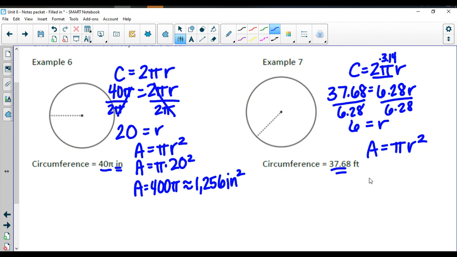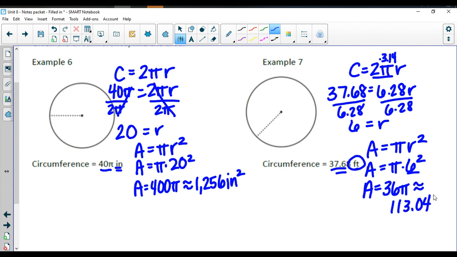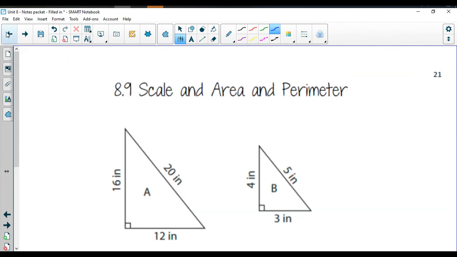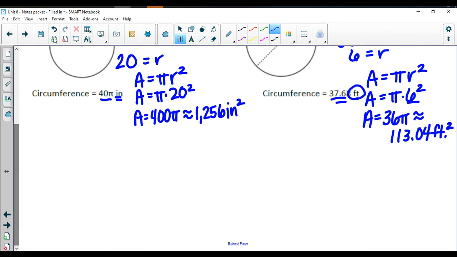Pi r squared is my formula, and the radius is 6. So leaving this in terms of pi, 6 squared is 36 pi. And I want to go ahead and change that over to decimal form as well, just like we did before, and we get 113.04. Units here were feet, so when I find area, it's going to be feet squared then in example number 7. And that is it for your lesson on working backwards with circles.